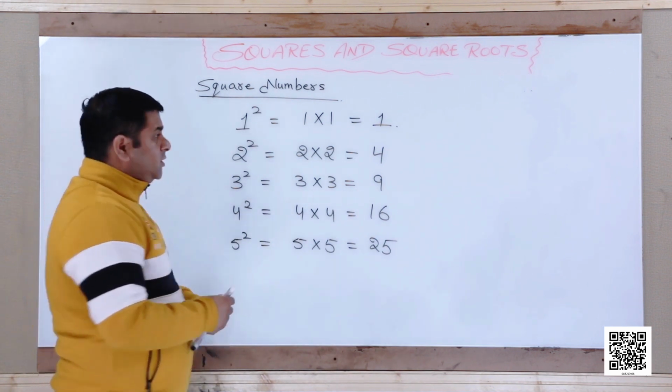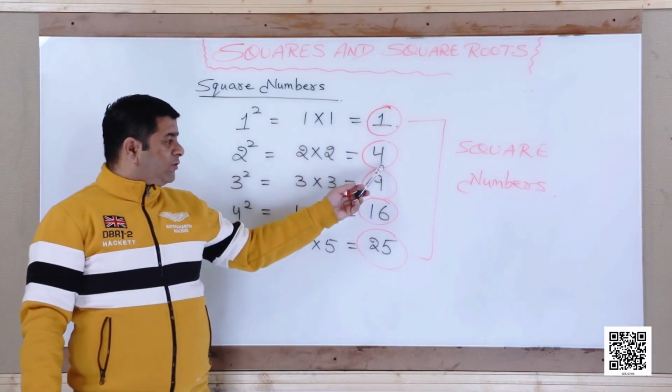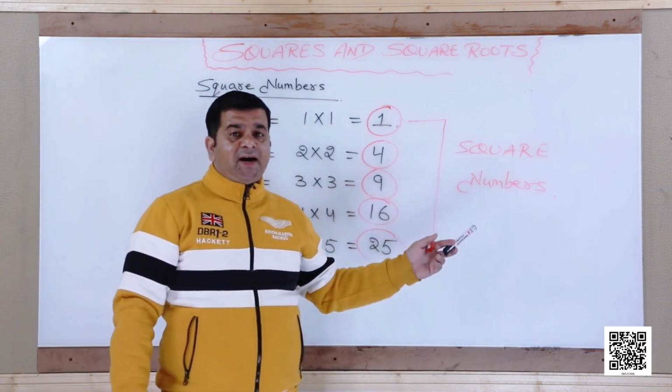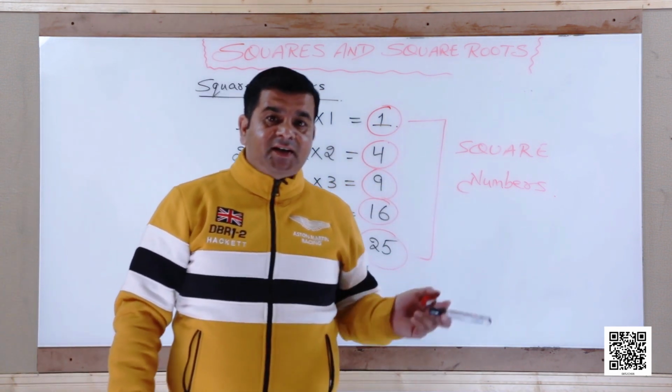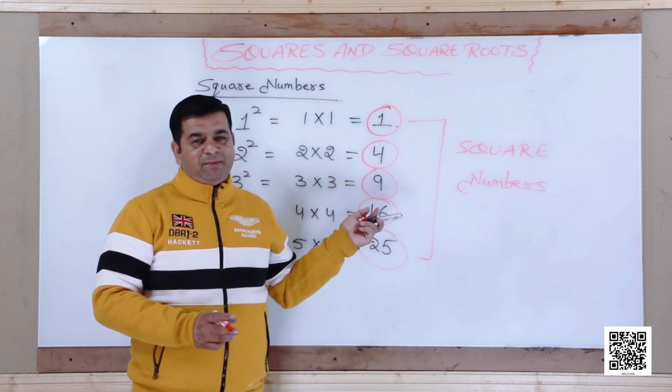So students, these numbers 1, 4, 9, 16 and 25 are called square numbers. These are called square numbers, and we have seen earlier how we could form these square numbers.